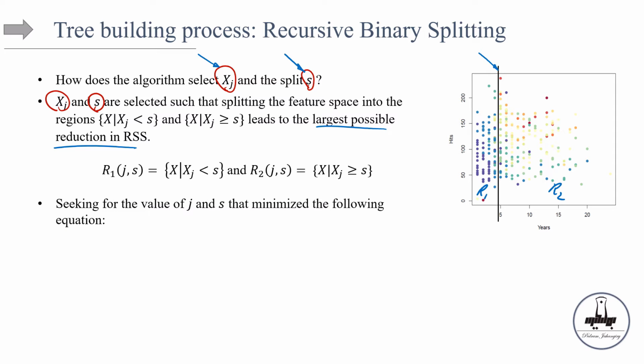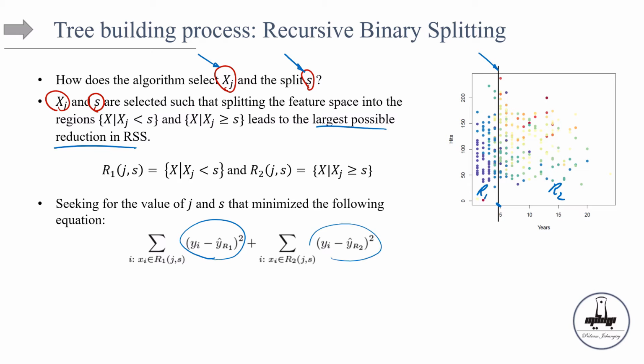Then we can calculate where we should put this exact cutoff by going over this optimization problem, right? So in region 1, we're going to calculate the RSS. In region 2, we're going to calculate the RSS. So we end up with RSS1, RSS2.